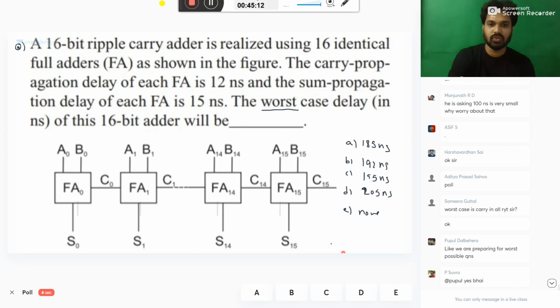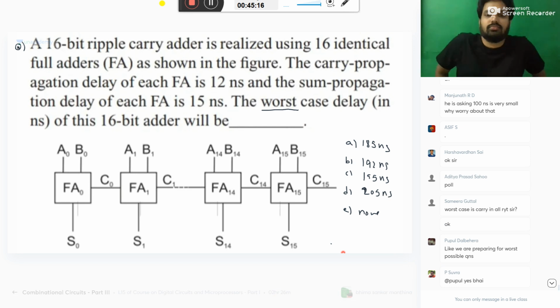Very good. Most of you gave the right answer. So the right answer is 195.